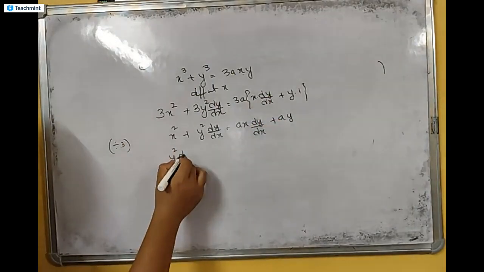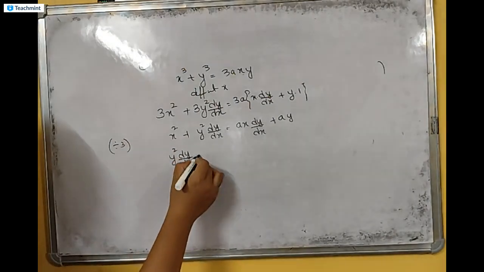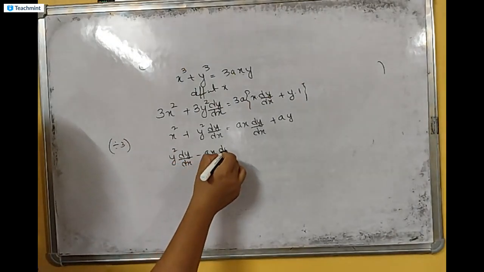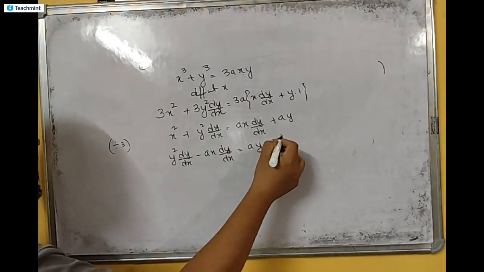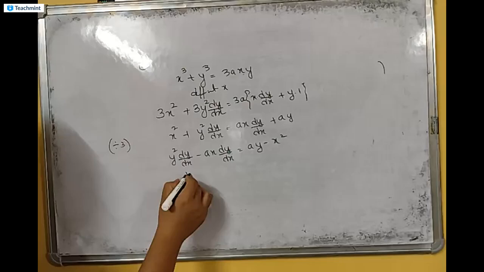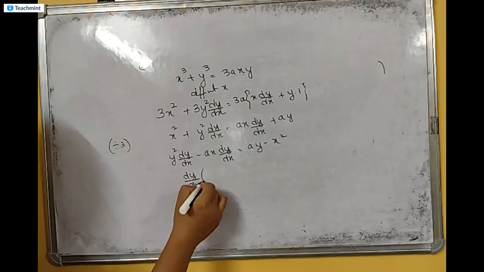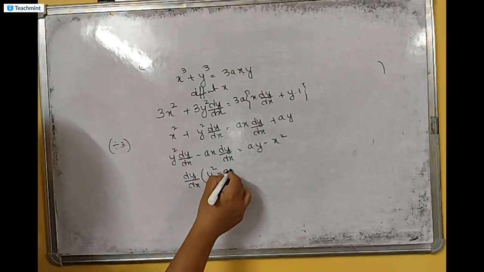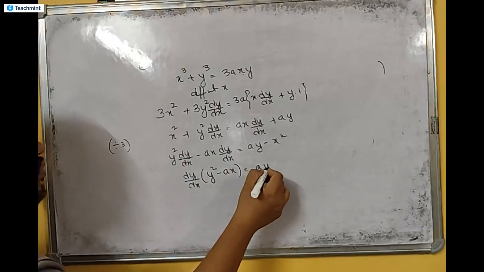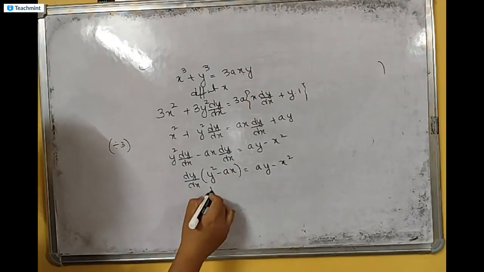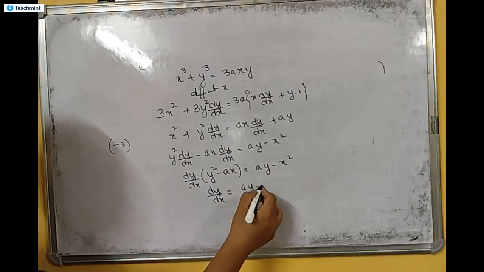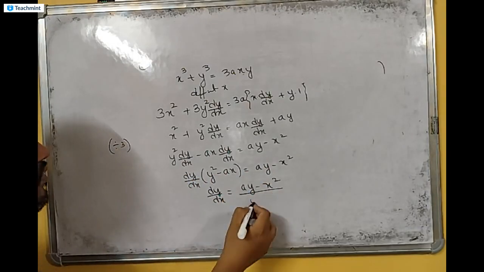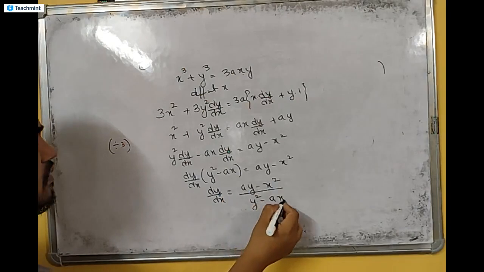So we have y squared dy by dx minus ax dy by dx is equal to ay minus x squared. What is common out here, guys? dy by dx. So if I take that out, we get y squared minus ax equal to ay minus x squared. So we have dy by dx is equal to ay minus x squared divided by y squared minus ax.